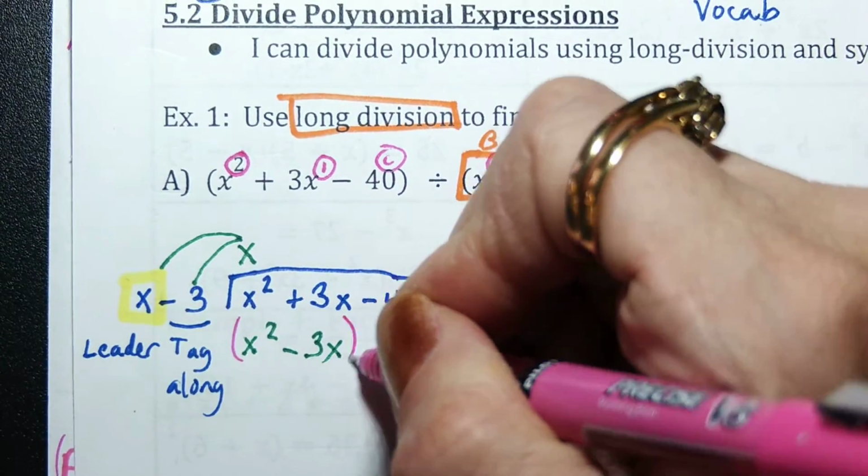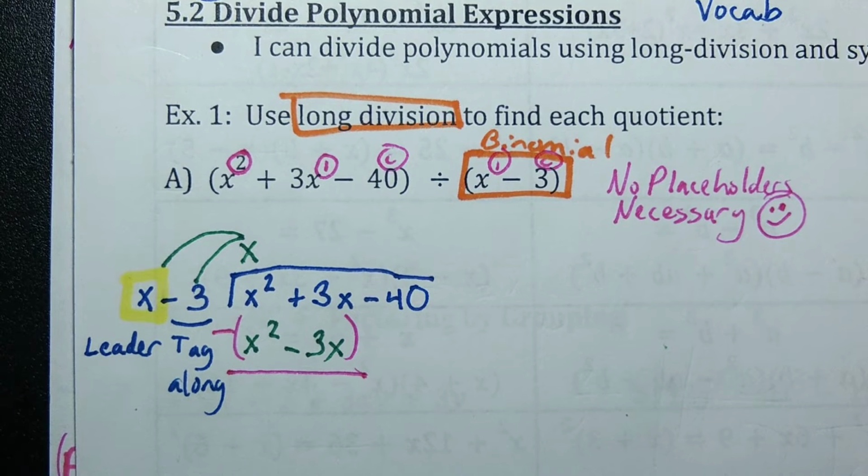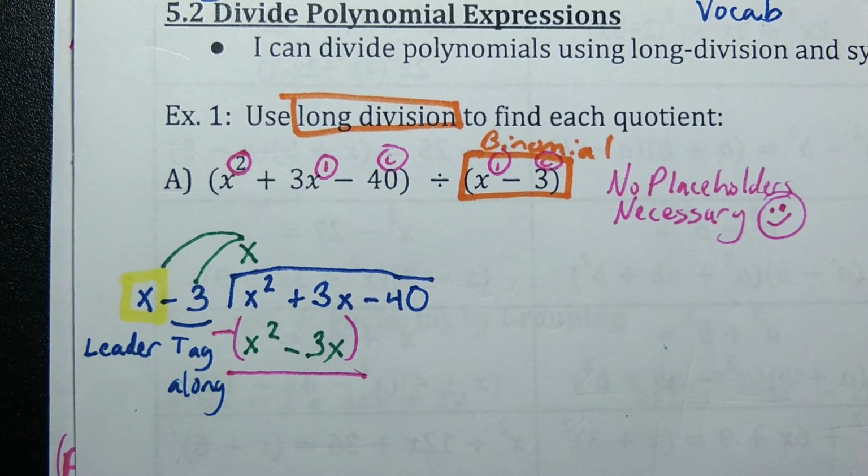Enclose in parentheses and subtract both of them. So what we are going to do here is take x squared minus x squared, which is 0. And that's our goal. We always want to have an exact match with that first term.